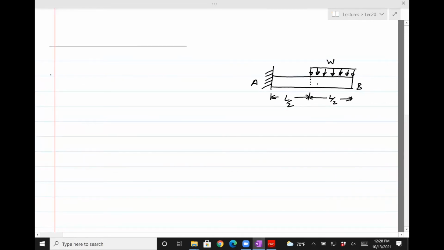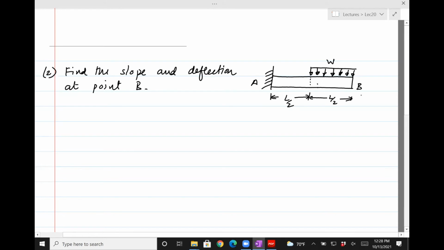It's only one half of the cantilever. So the question is find the slope and deflection at point B. Here you're not given numeric values for L or W. You need to solve in terms of W, L, and E times I.